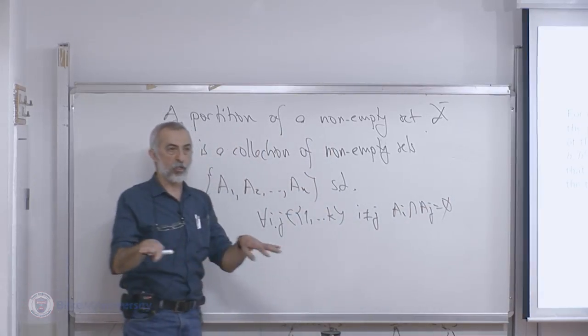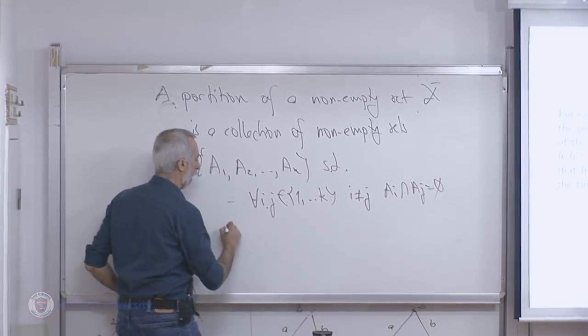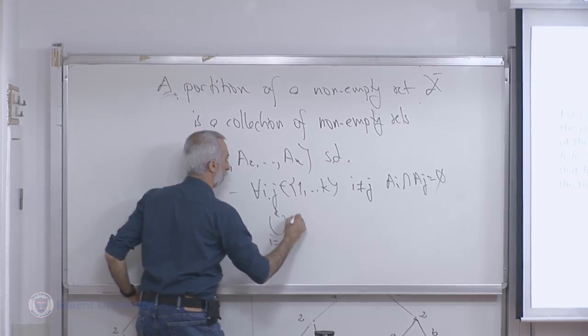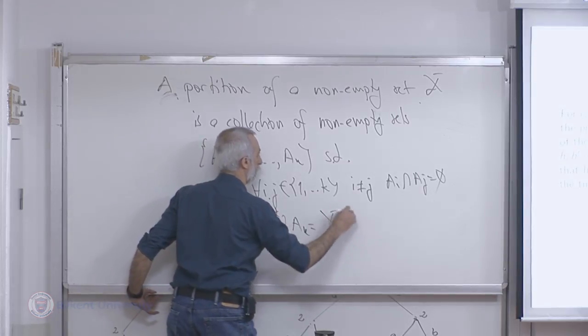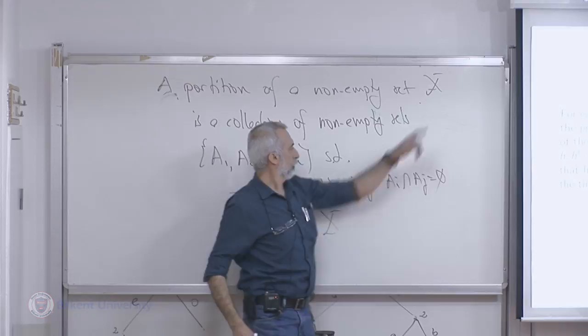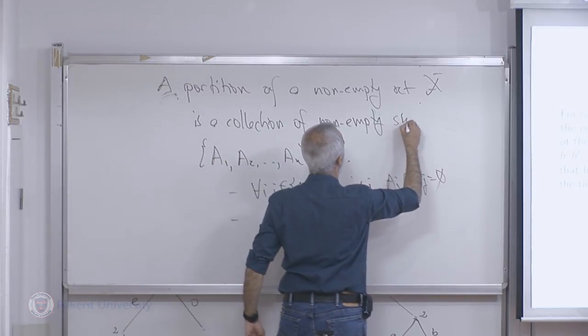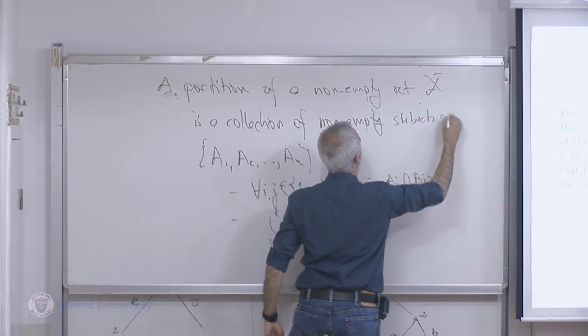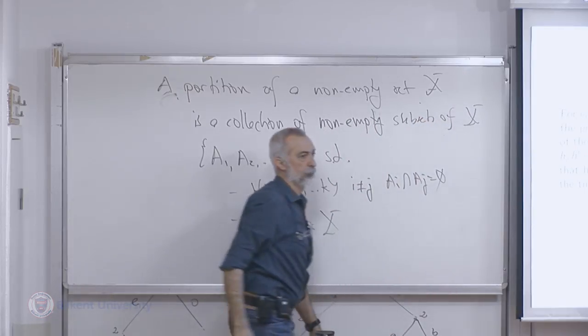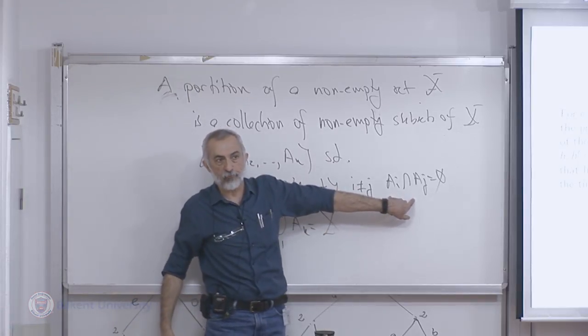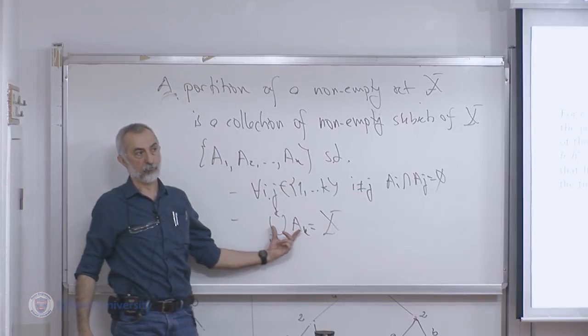So they are mutually exclusive. And the union of the sets gives you the set X. They are non-empty subsets of X. So they should be mutually exclusive and they should cover everything.